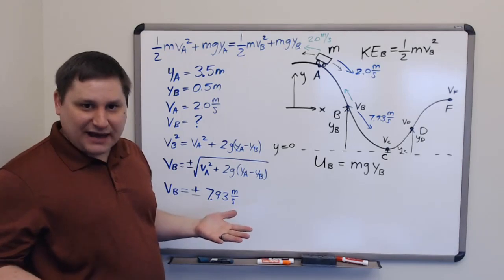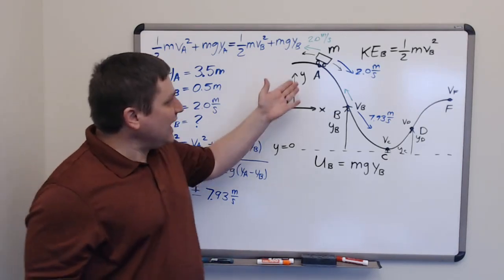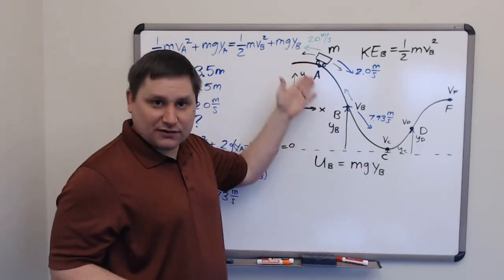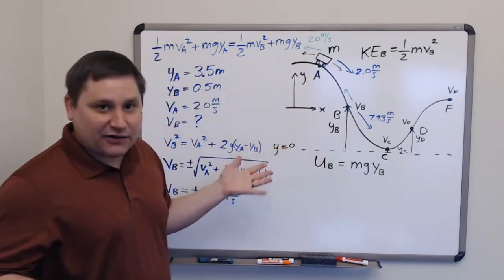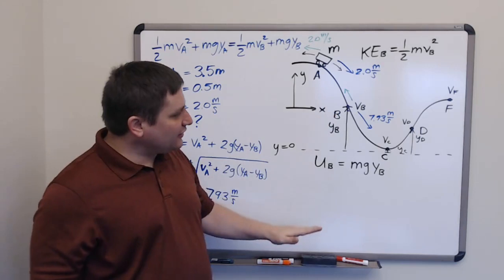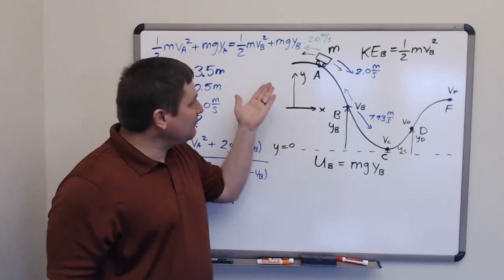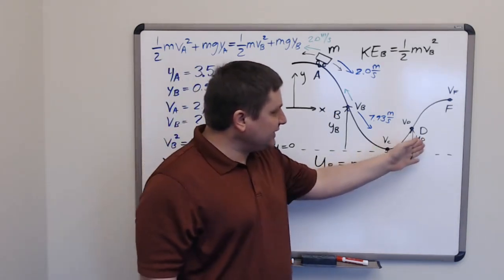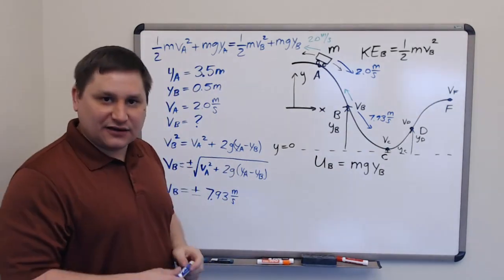Also, it doesn't depend at all on the actual shape of this slope. This curvy slope doesn't matter at all. We were just able to look at one location, another location. We could easily apply this same equation to location C, D, or F without any additional difficulty.